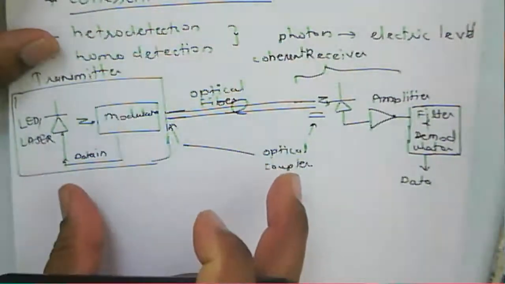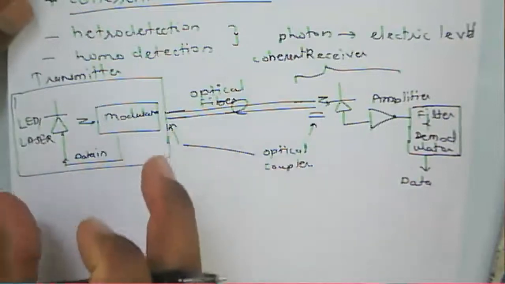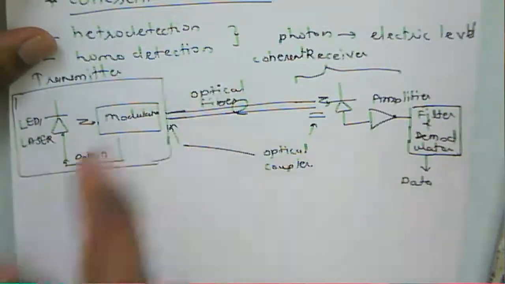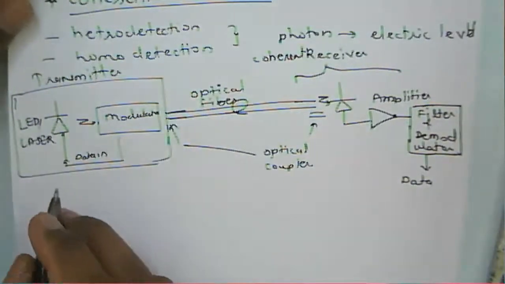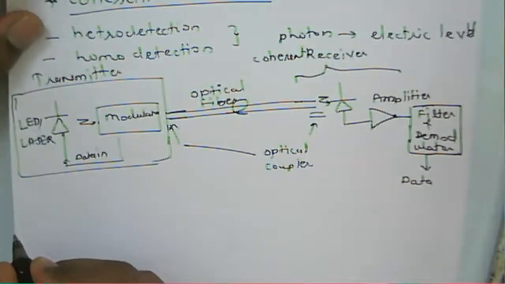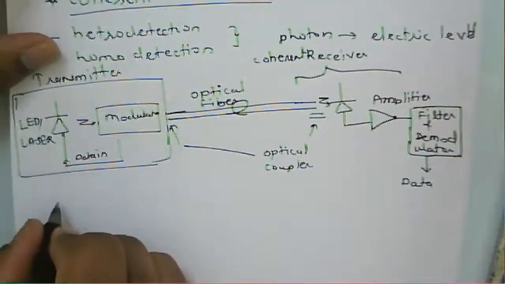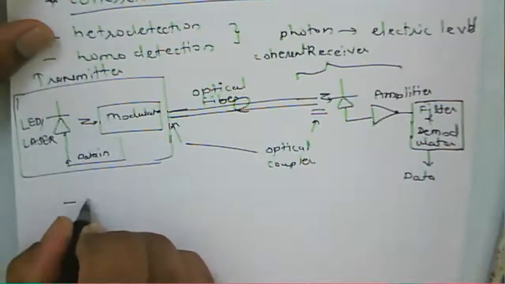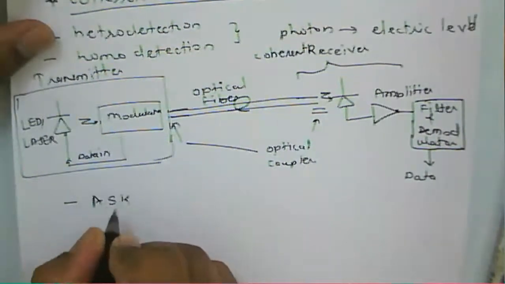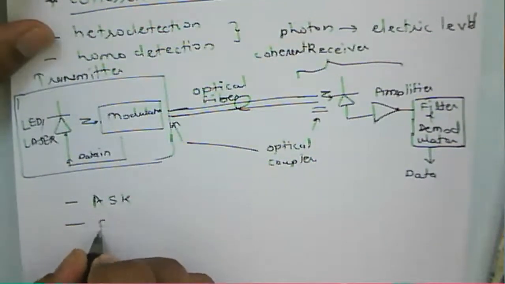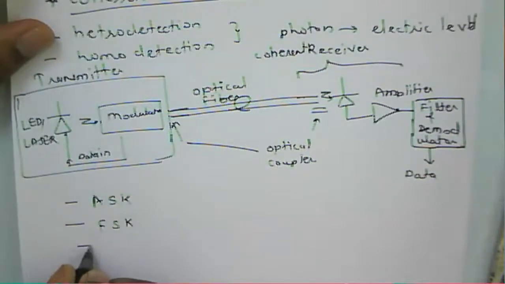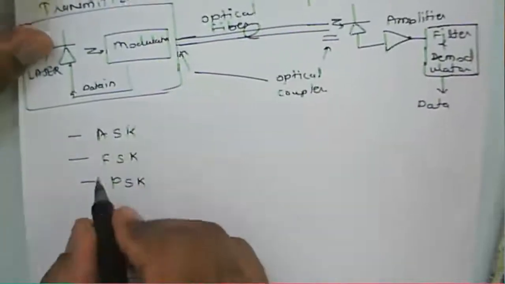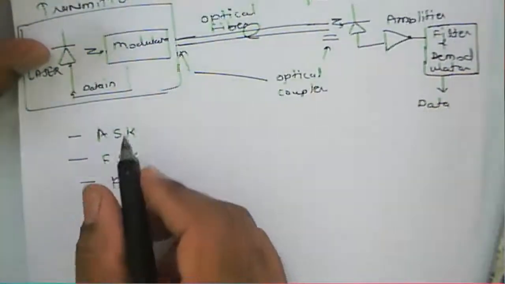Generally, there are various modulation techniques used in optical communication systems. If you see the modulation techniques, there is amplitude shift keying, then frequency shift keying, then phase shift keying.